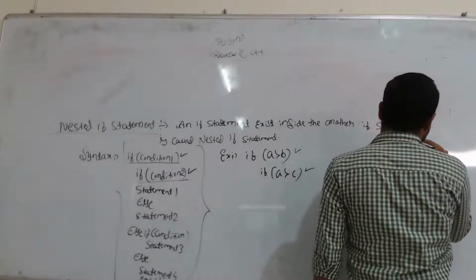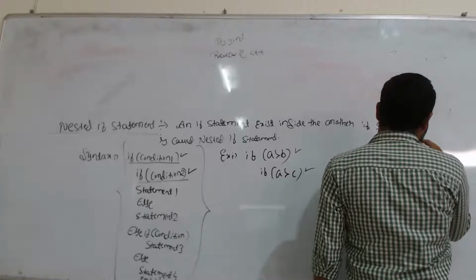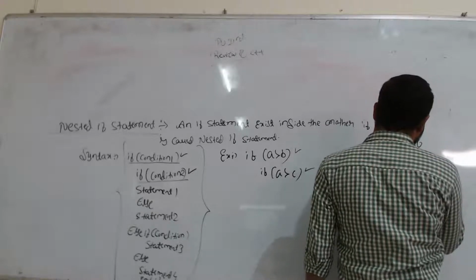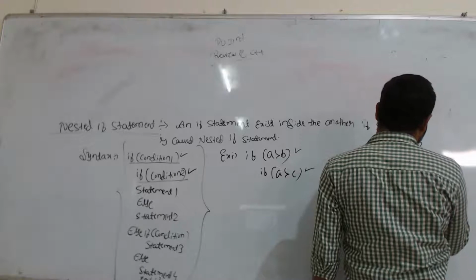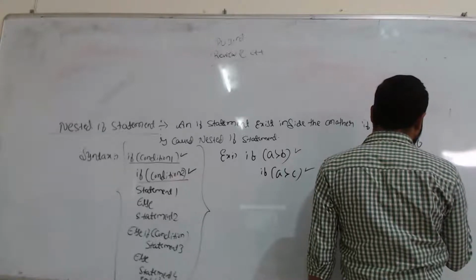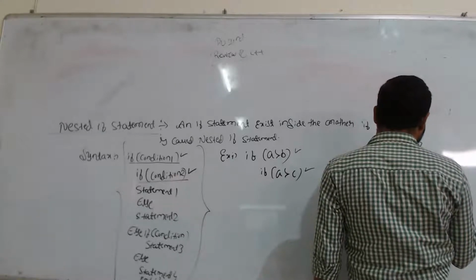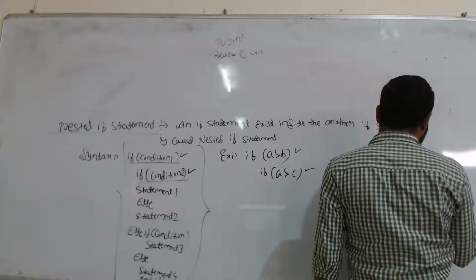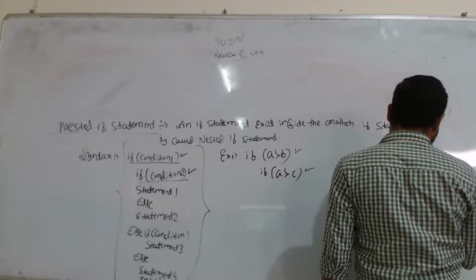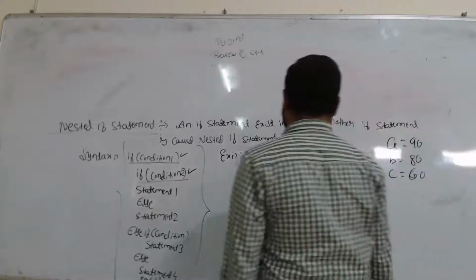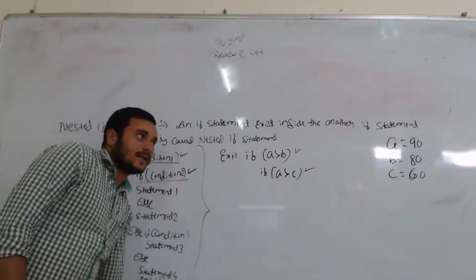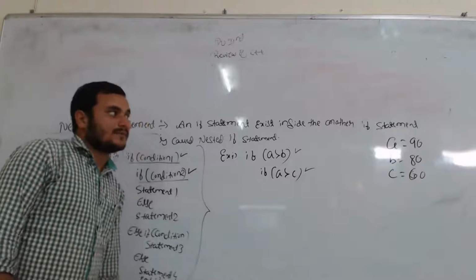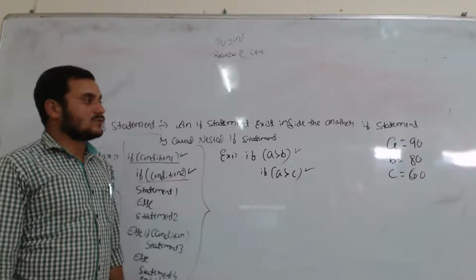For example, if A is equal to 90, B is equal to 80, and C is equal to 60.